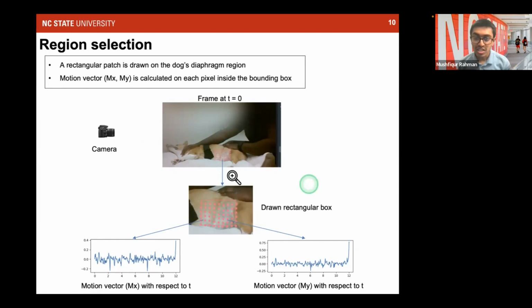So after recording the video, at the first step, we draw a rectangular bounding box on our region of interest. This region contains the motion information that is caused by the dog breathing. So we focus only on the pixels inside the bounding box, because only these pixels correspond to the breath motions.